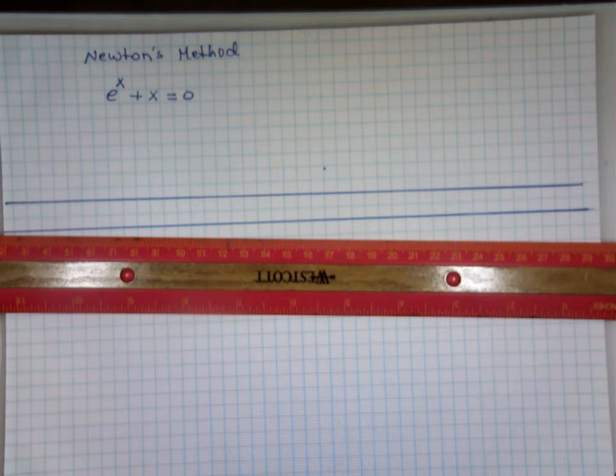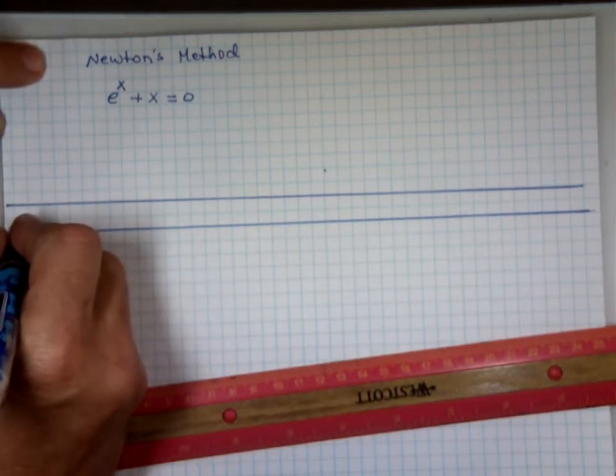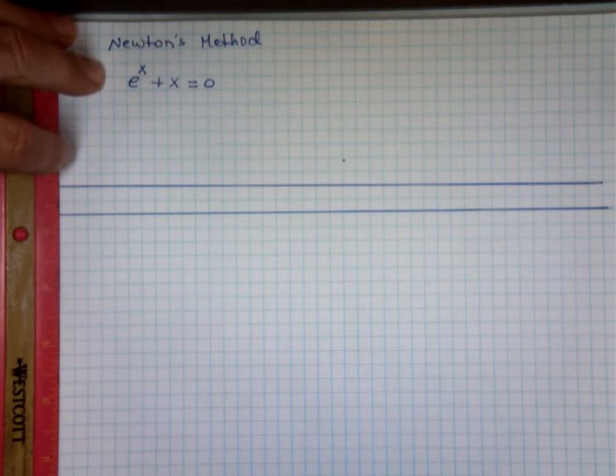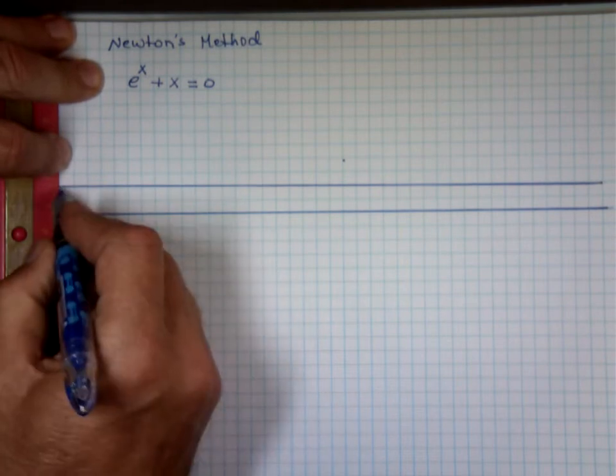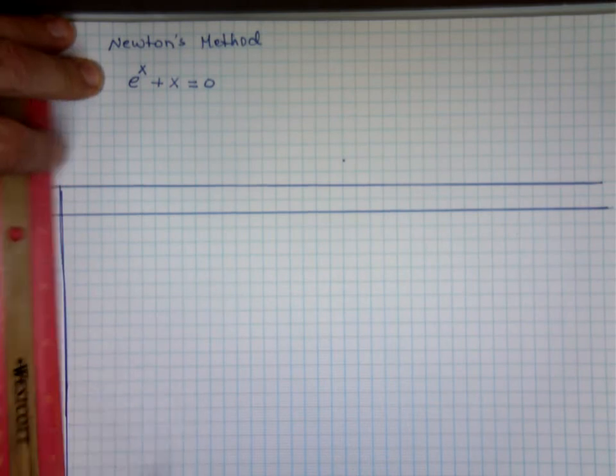I'm going to count how many times it's going to take to calculate that answer. I'm going to call this n, the counter. It's going to tell me how many times. That could take the whole page sometimes.